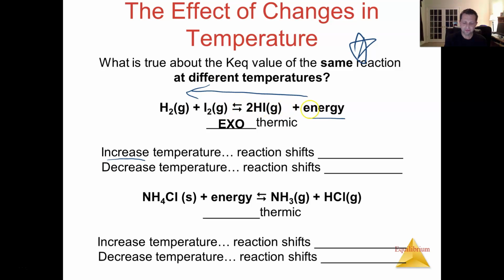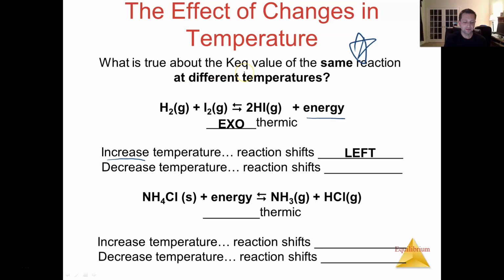If the reaction goes in the forward direction, you're producing energy. It's exothermic, right? That production of energy is going to increase the temperature even more, right? So we want to make sure our reaction goes to the left in this case, because as it goes to the left, energy is being used up here. That increased energy from the increased temperature is being used up, so we shift in the reverse direction.